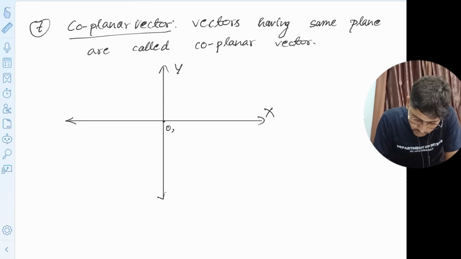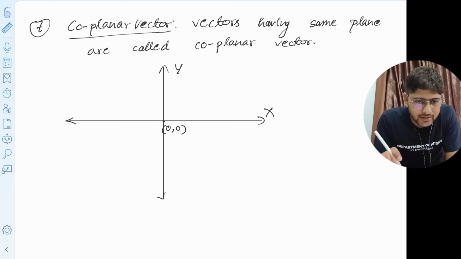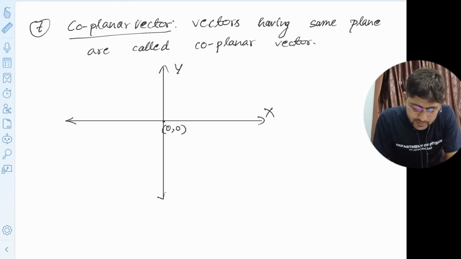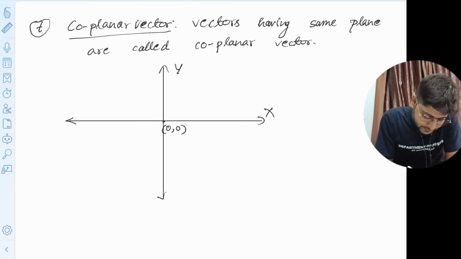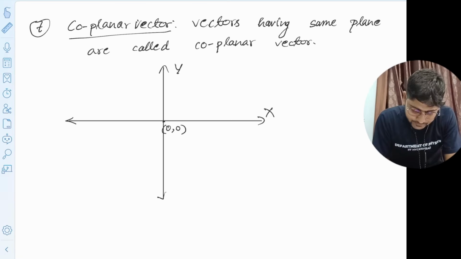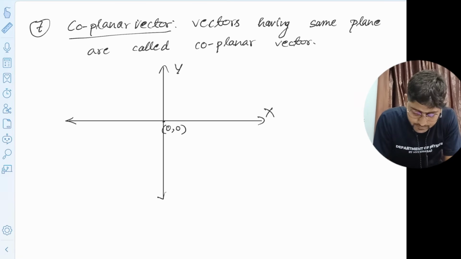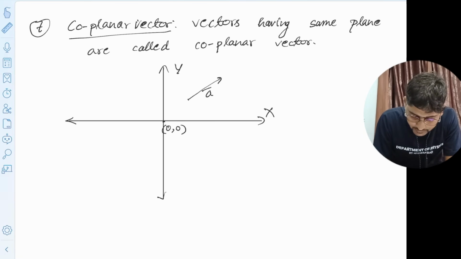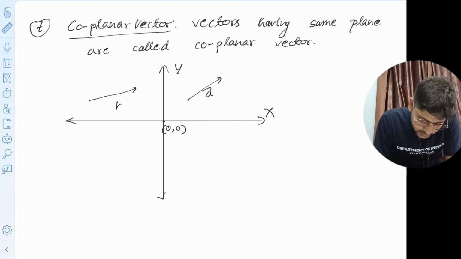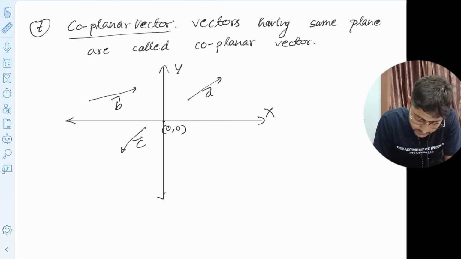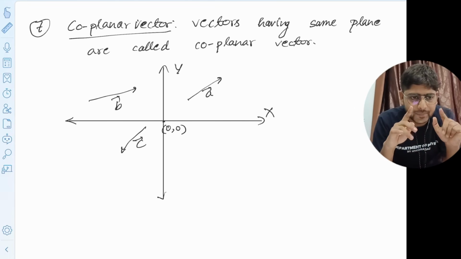This is the origin (0, 0), two points x and y. The first point we write is the x point, after that we write the y point. Suppose one vector is here, vector A, one vector here, vector B, one vector here, vector C. So all vectors are in the xy plane only.